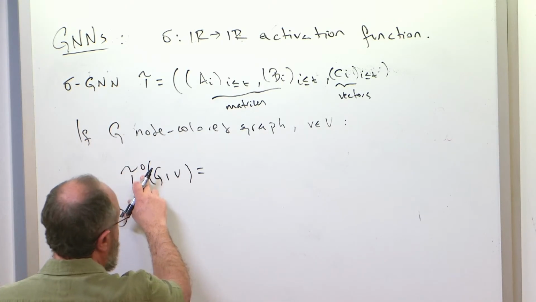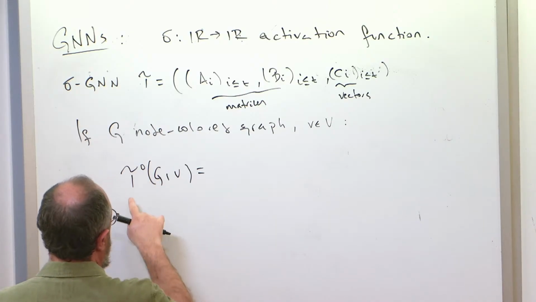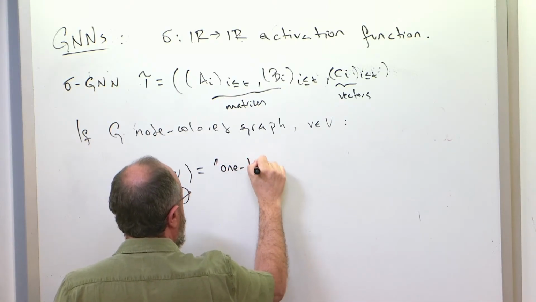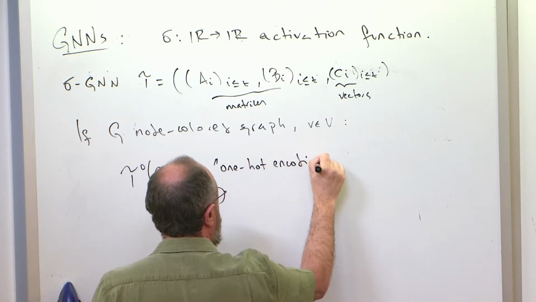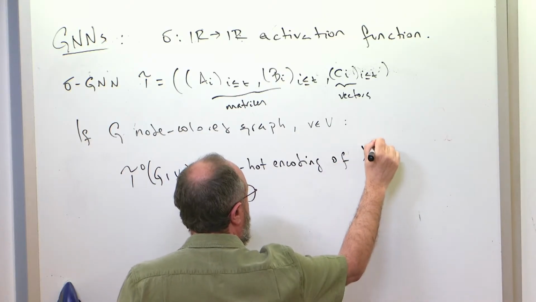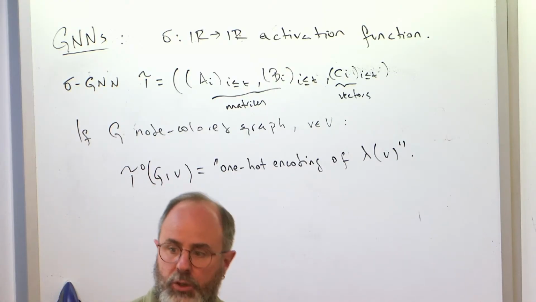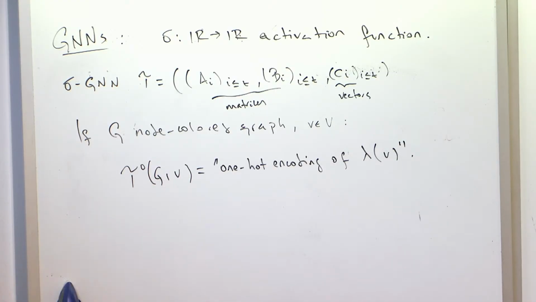So the initial one, tau sub 0, is the one-hot encoding of lambda of v, the one-hot encoding of the color of the node. So if we have n colors, we will have initial embeddings of dimension n, and we will have a one exactly on the component that represents color i.